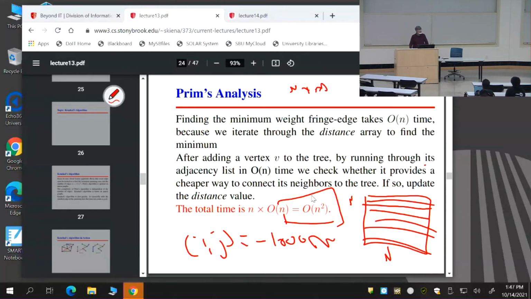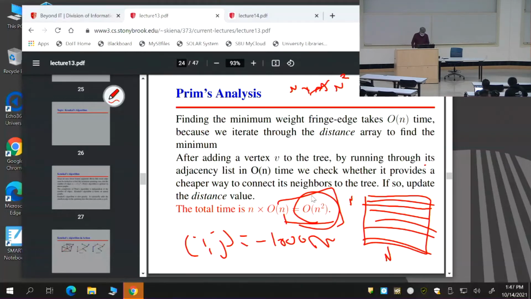What is m going to be on a dense graph? N squared. Does everybody see that it would take just this much time to do breadth first search or depth first search on a dense graph? So if you give me a dense graph, Prim's algorithm looks great. Does everybody agree?